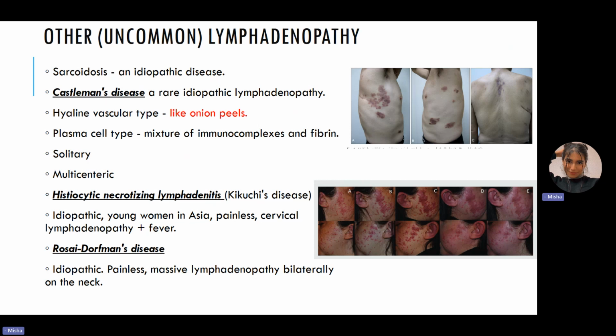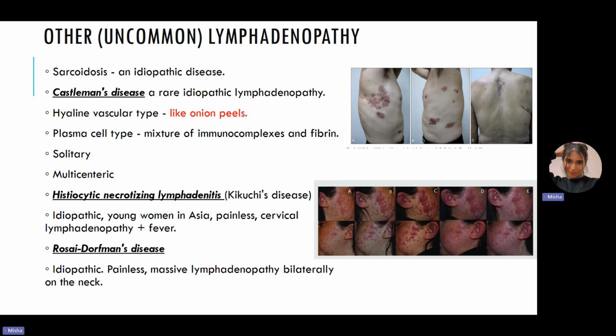Okay. Now, Rosai-Dorfman disease is one that they can actually ask you, so make sure you really know about this one. So it can be idiopathic. It is painless. The main thing that you really need to remember is, if it's painless, what is the reason it is occurring, what infections can lead to it. Okay, if it is hard or soft, that's basically the morphology. So here we're talking about idiopathic. It's painless.